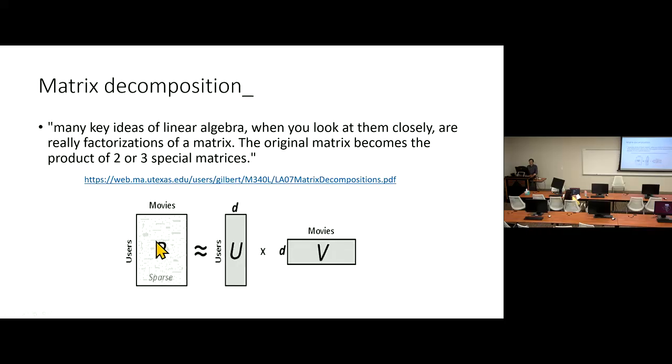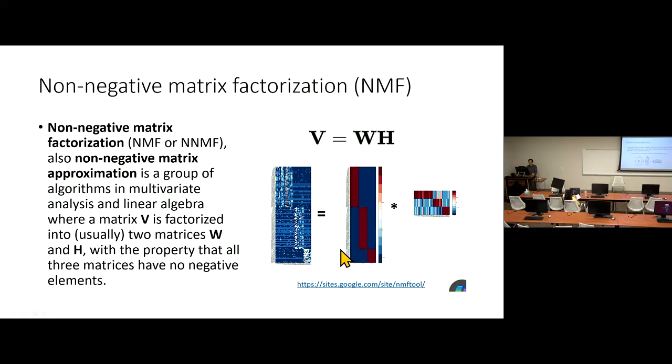Then you replace this with gene expression. You have samples and gene expression. You try to decompose them into samples, gene programs, and genes. That's the idea behind non-negative matrix factorization.